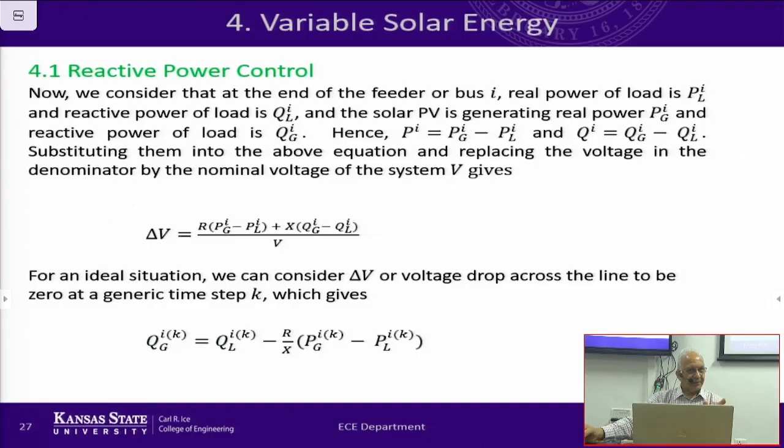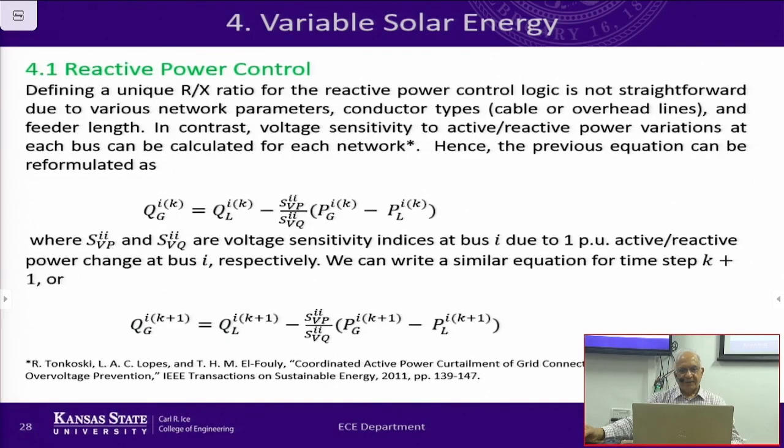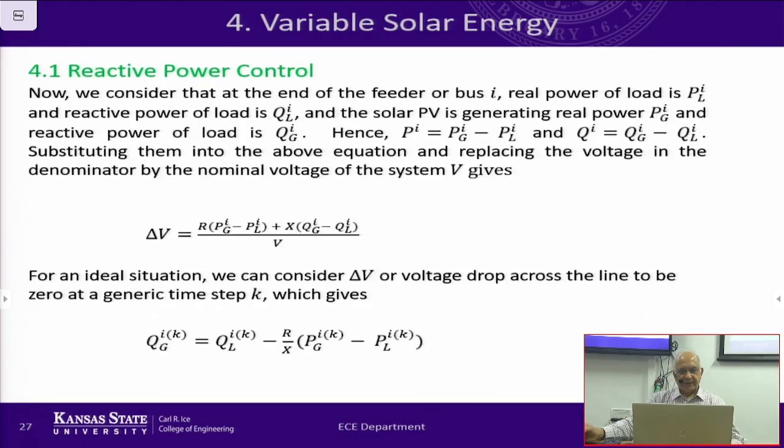So we are trying to approach the ideal situation, and we put delta V equal to 0. When you put that to 0, upon working this out, you get this equation. And then we realize that in this case we need the resistance and reactance values of the line, and sometimes these values are not accurately available.